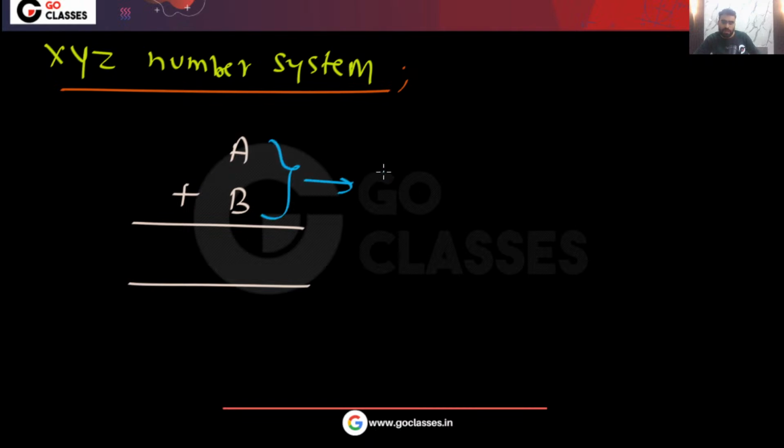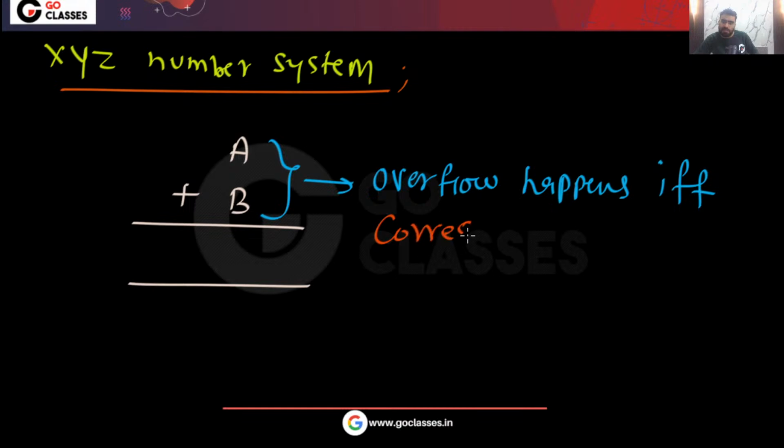So when you do A plus B, overflow happens if and only if the correct result of A plus B cannot be stored in n bits.